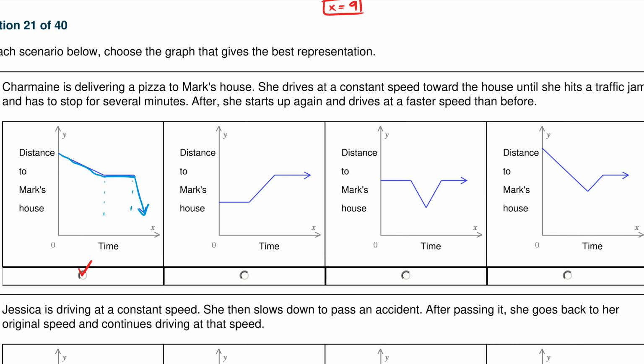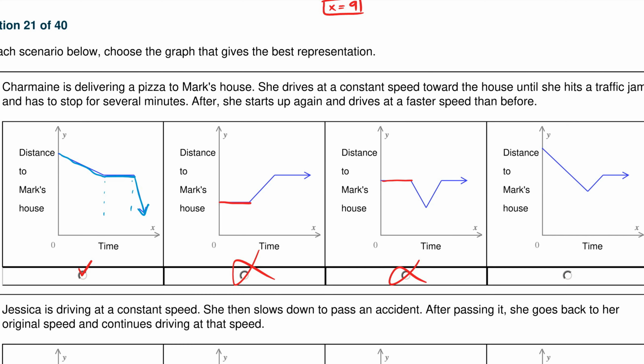The second one, we talk about distance to Mark's house and time. So the distance stays sideways, which means time goes by and the distance is unchanged. So this so far is already wrong. Okay, distance to Mark's house, the same reason. It stays the same distance, but the time goes by, which means she already hit traffic when she started to deliver the pizza.